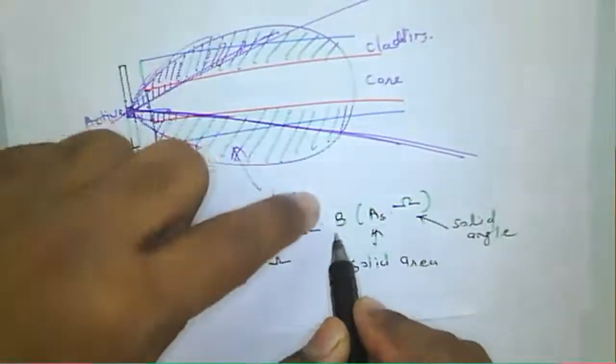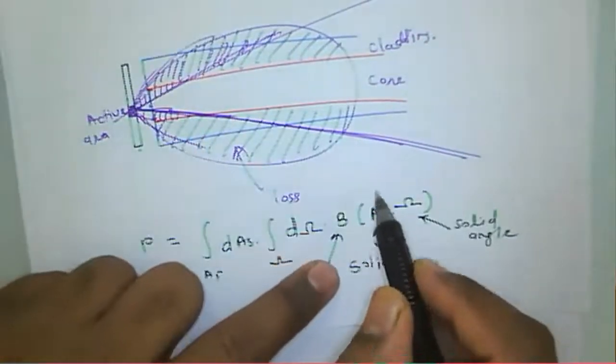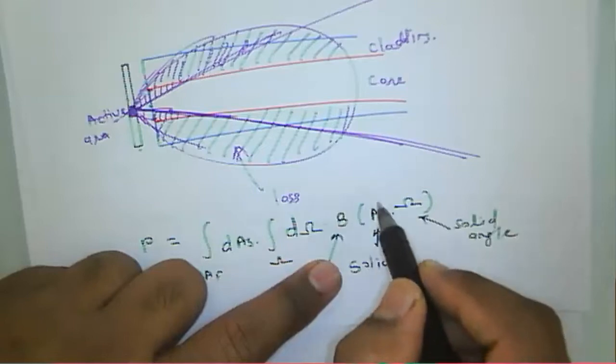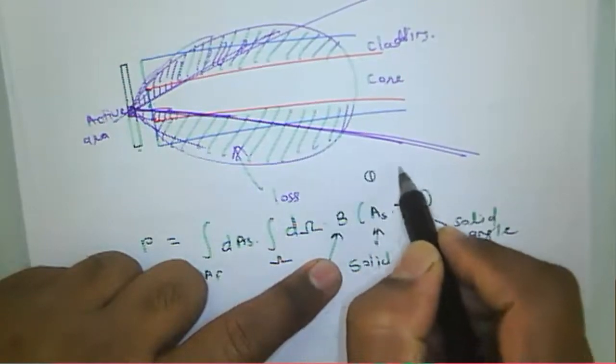Then we can write this term B here, that is the radiance, in terms of the solid angle, that is, in terms of theta and phi.